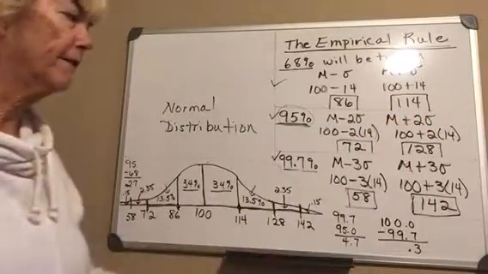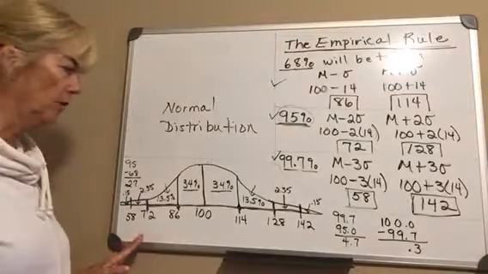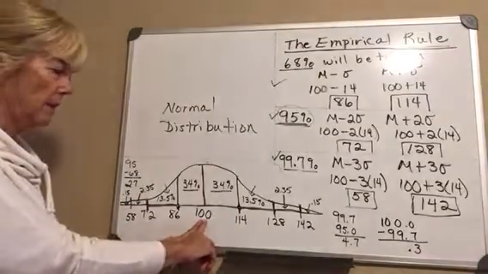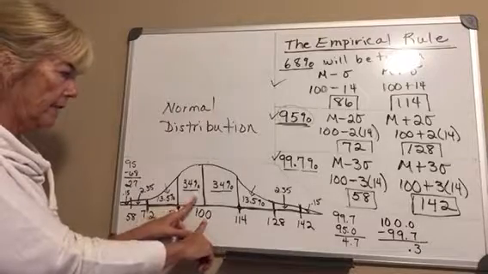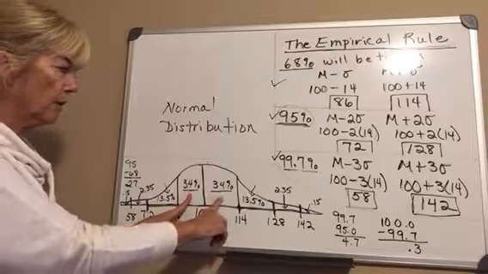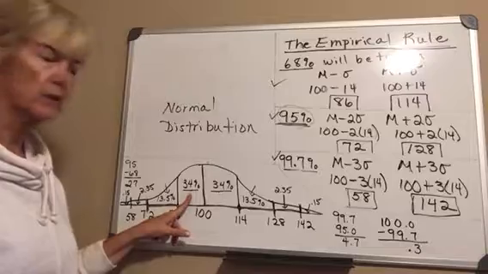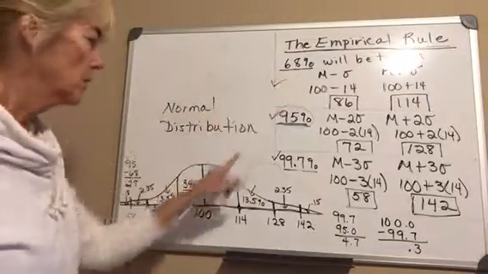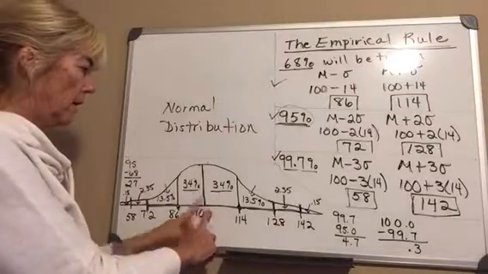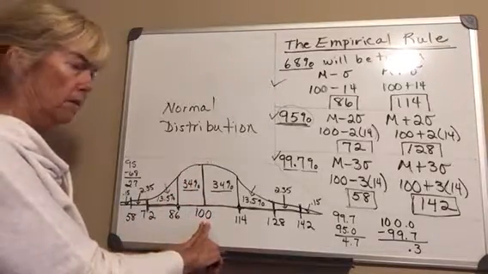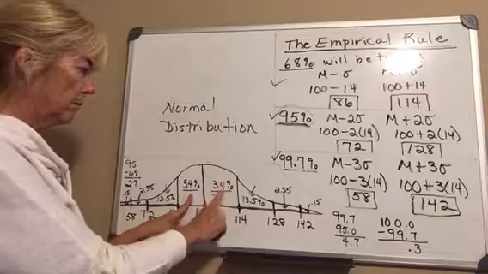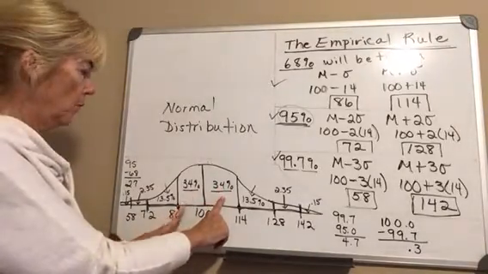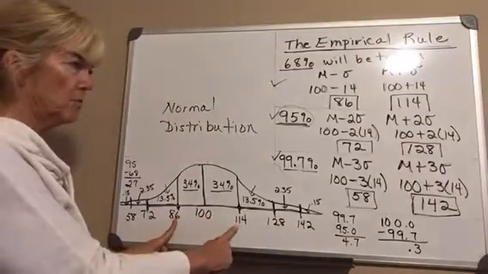So let's see how that affects your graph down here. Notice the mean is in the middle of the graph, that's 100. And how did I get 34% and 34%? Isn't that interesting? 34 plus 34 makes up this 68. So if we have 100 in the middle, 34% plus 34%, which makes up the 68%, would have to be between 86 and 114.